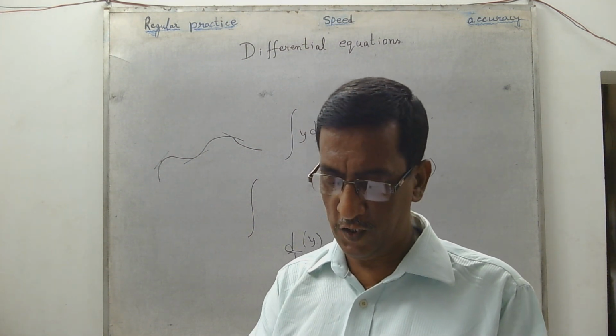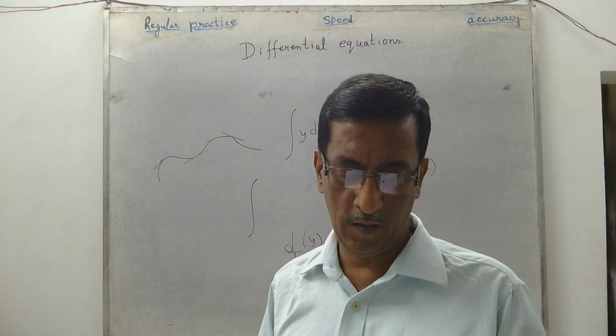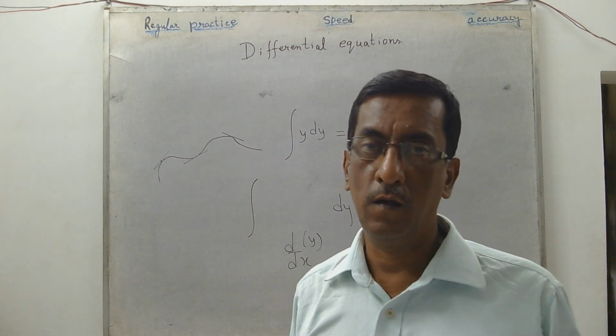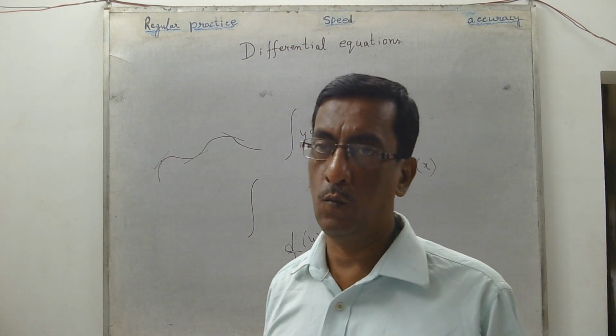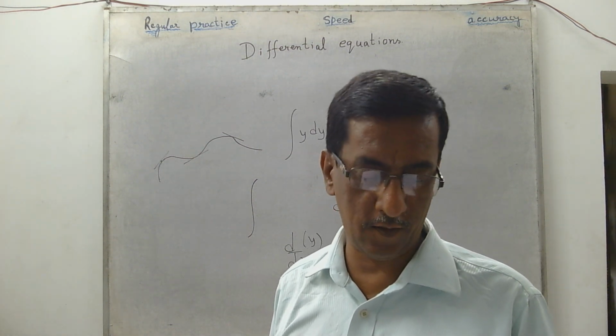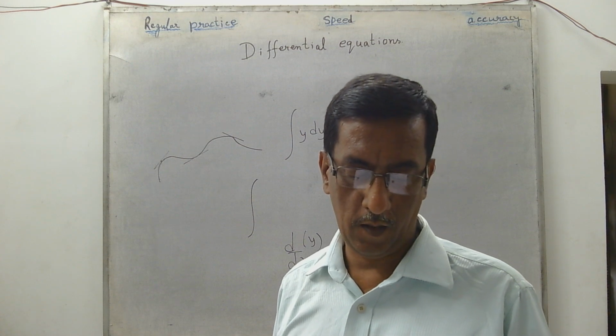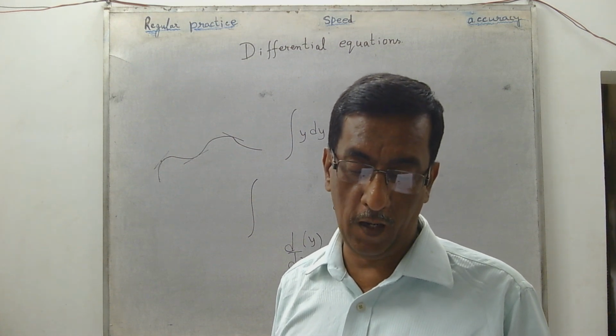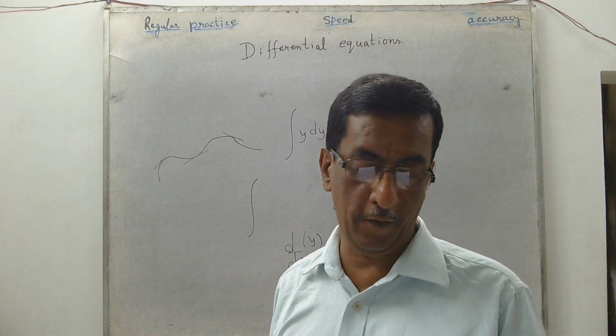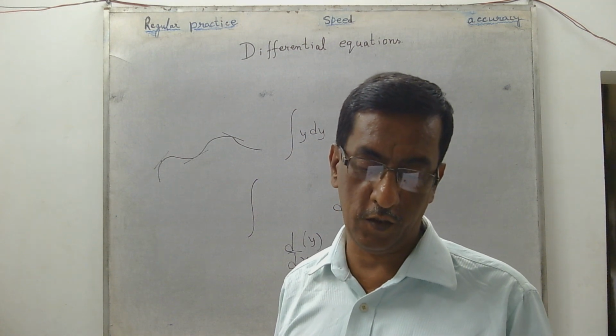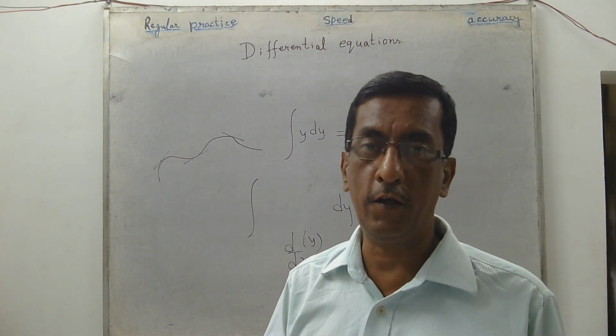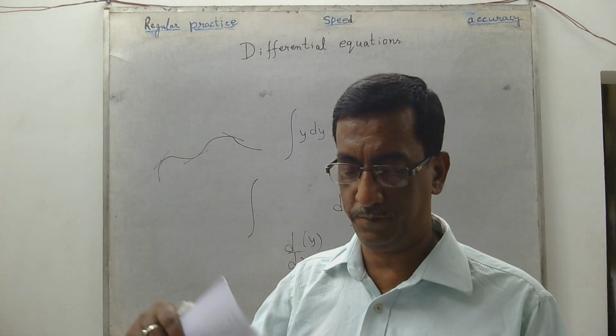Now this differential coefficient may be of order 1, 2, 3, etc. And if the dependent variable y depends on a single independent variable x, then the differential equation is called an ordinary differential equation.